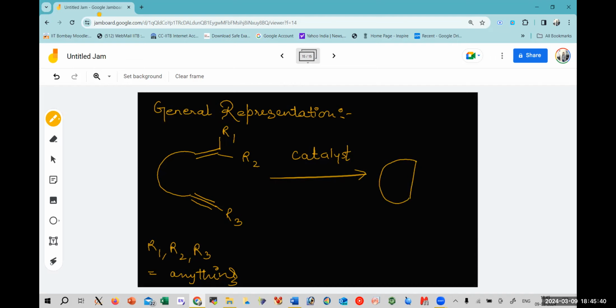This is the bond it will make, and ultimately it will be R1, R2, and R3. So that would be your conjugated diene system. So it's a general representation.